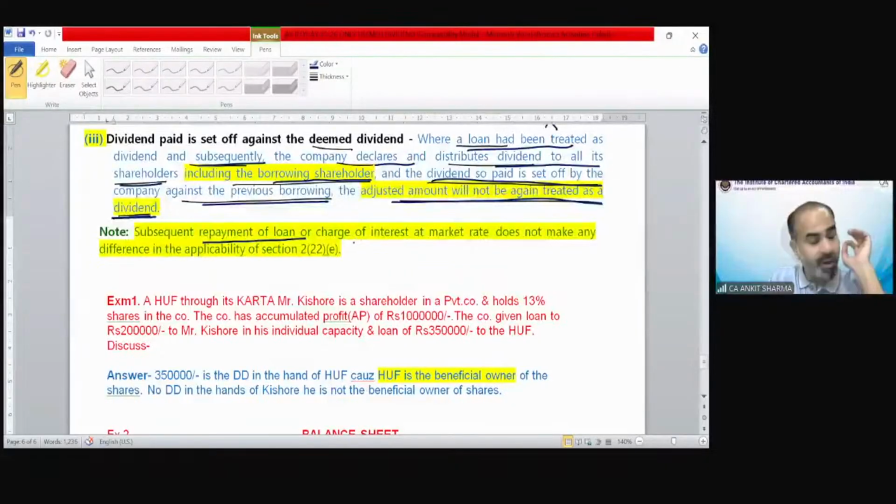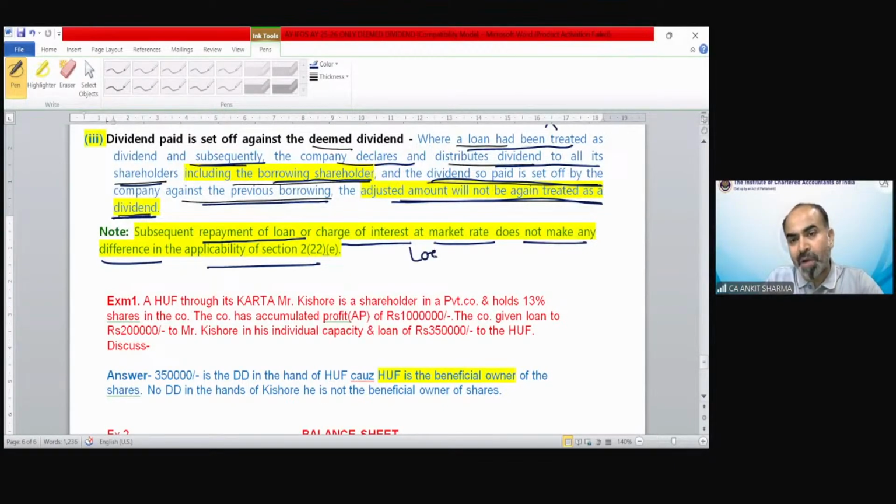Still, it will not change that deemed dividend. The 1 lakh would be your deemed dividend in this year, and repayment of the loan would not change the deemed dividend concept, which has already been treated as your deemed dividend. Charge of interest at market rate does not make any difference in the applicability of section 2(22)(e).